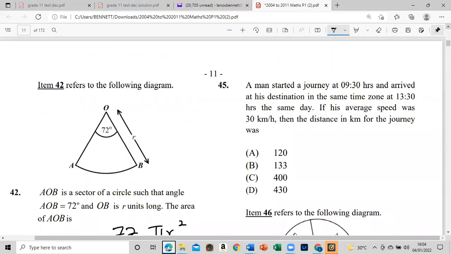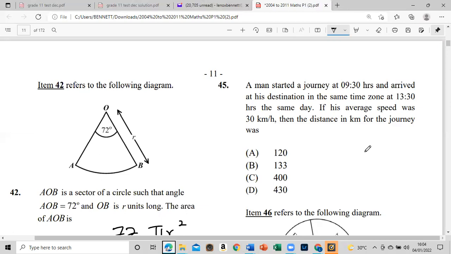A man started a journey at 9:30 hours and arrived at his destination in the same time zone at 13:30, so that's army time, so that's 1:30, right? If the average speed was 30 kilometers per hour, then the distance is, alright, so I'm going to reason it out.